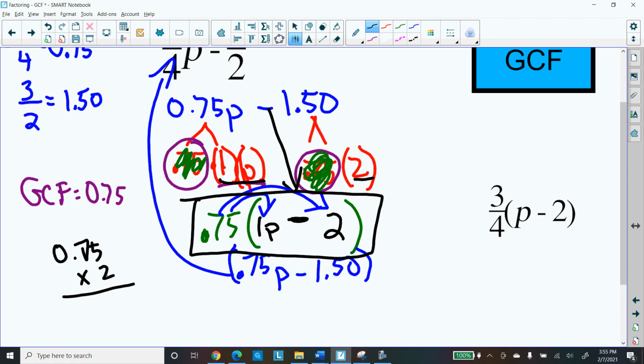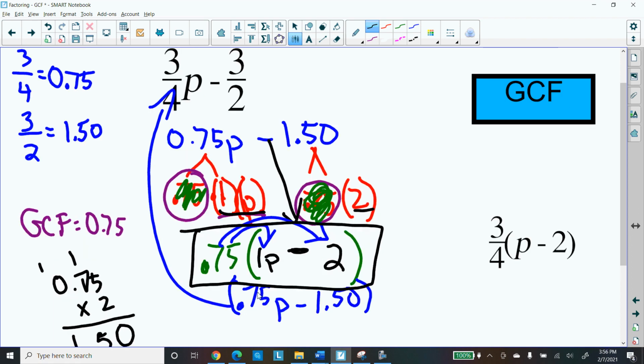We haven't multiplied decimals in a long time. 2 times 5 is 10, carry the 1. 2 times 7 is 14, plus 1 is 15, carry the 1. 0 times 2 is 0, plus 1 is 1. There are 2 numbers behind the decimal point. There's my $1.50. Now, you may like dealing with decimals a lot easier, but fractions are also just as good.